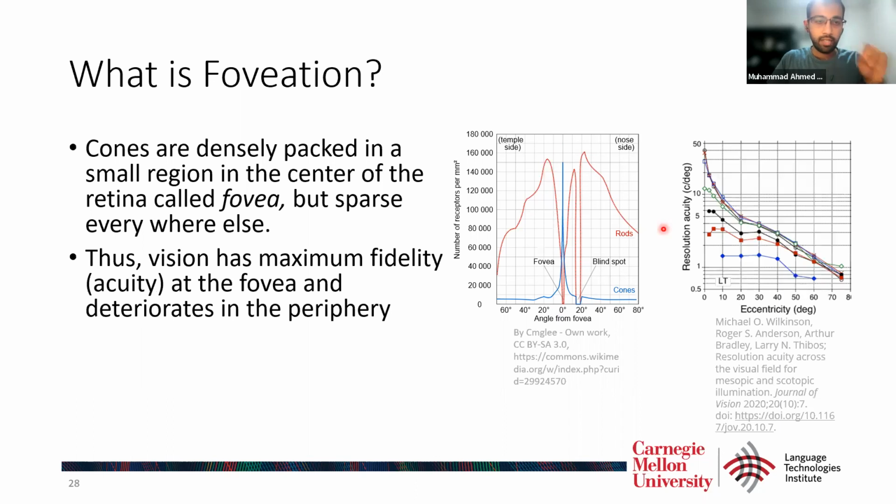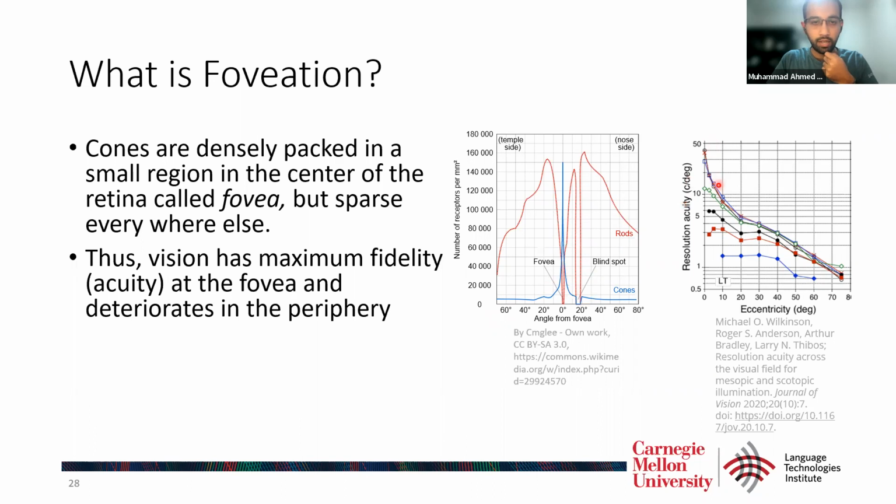So this leads to the fact that our vision has maximum fidelity, and by fidelity we mean highest resolution and highest color accuracy, at the fovea, and the fovea is the center of the visual field, and it deteriorates very quickly in the periphery of the visual field. That's the off-center regions of the visual field.